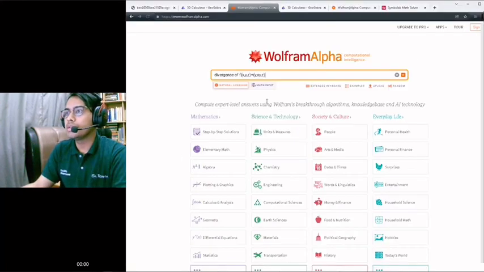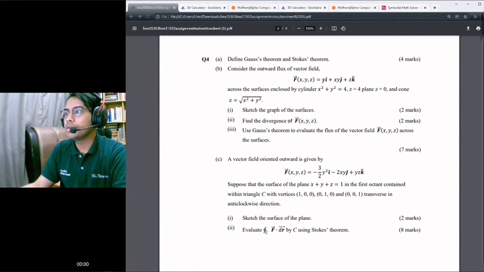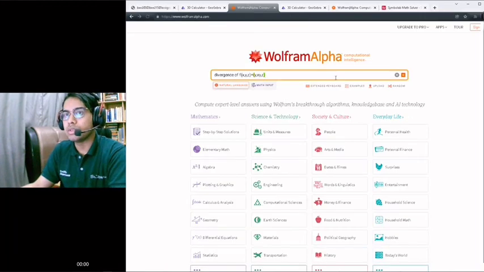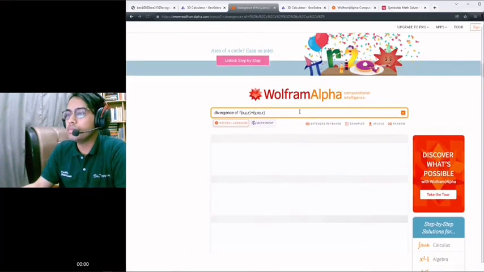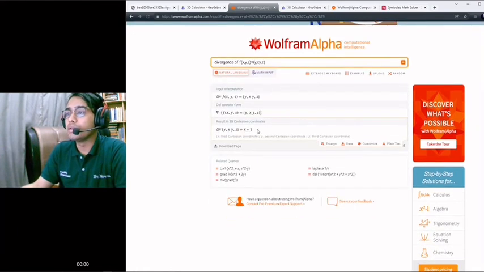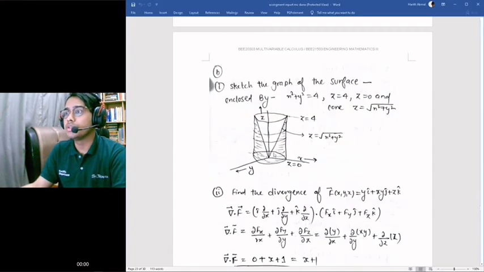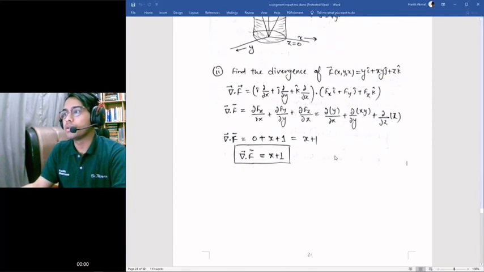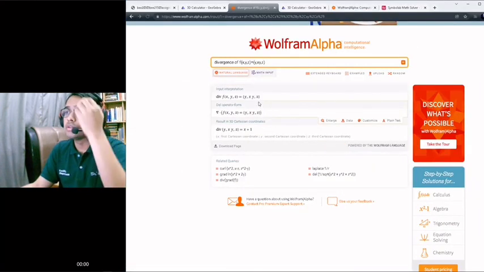We can see it is similar. So we click enter, and the output is x plus 1. From our calculation it is x plus 1 as well, so it is correct.